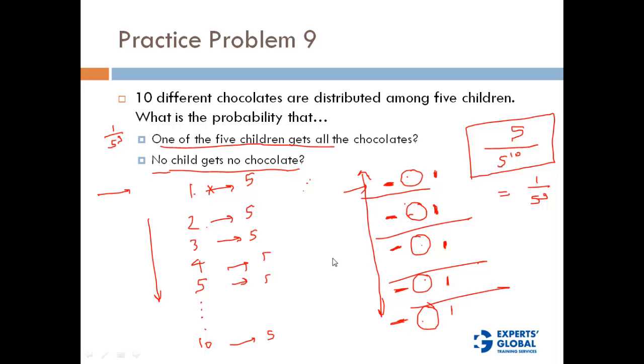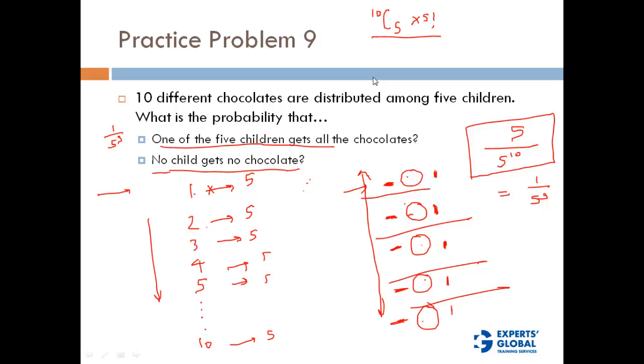So logically the first step is, out of these 10 chocolates, I select 5 chocolates, then I give them to 5 different kids. That is going to be in 5 factorial ways. Or you can simply write it as 10P5 also. So I take out of 10, I select 5 chocolates and distribute them to 5 children.